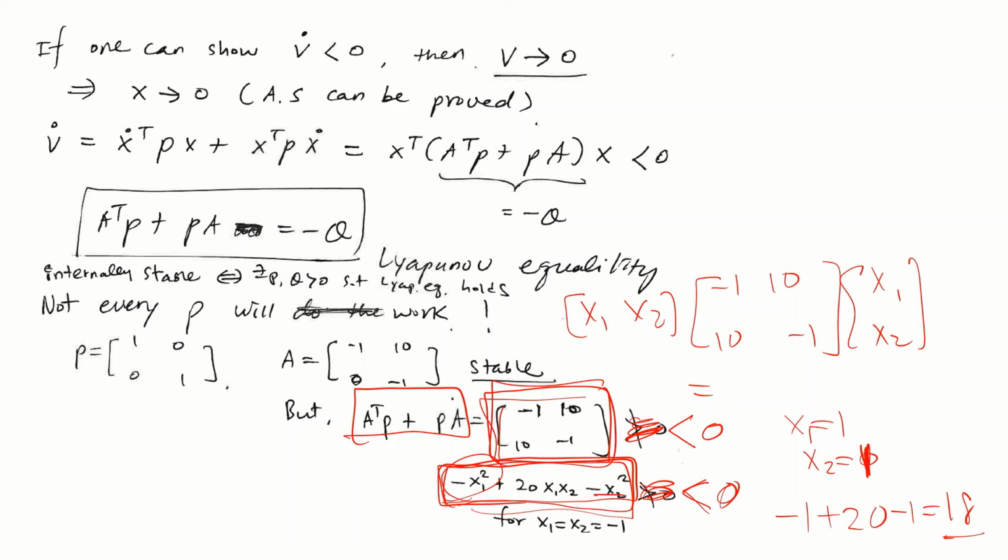So if we use this P, then you may not show that V dot is negative, even though A is internally stable. I mean, even though the eigenvalues of A are all in LHP, you may not reach the conclusion. So how would you choose this P then?